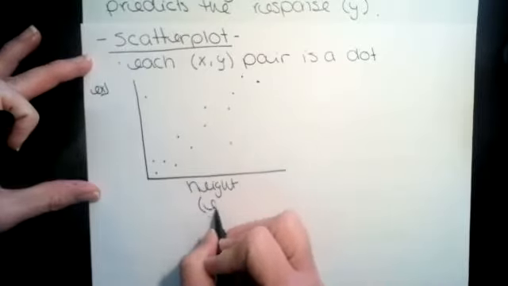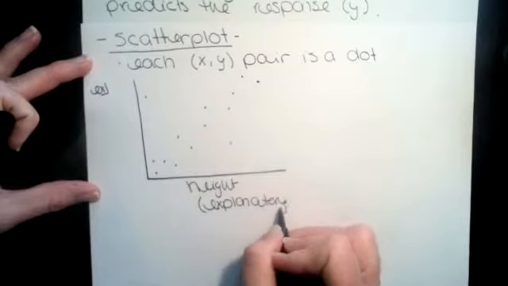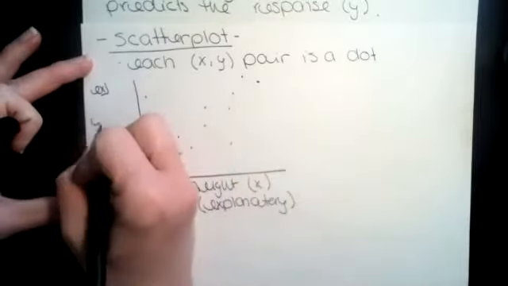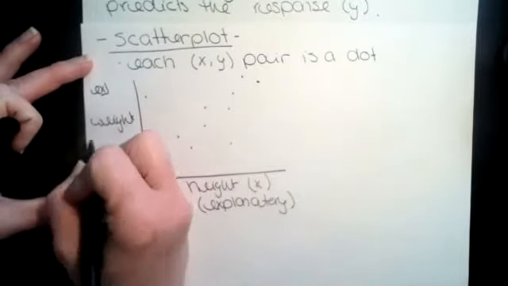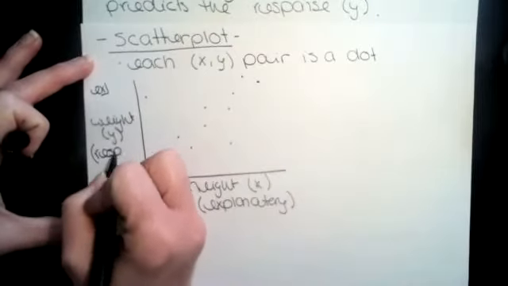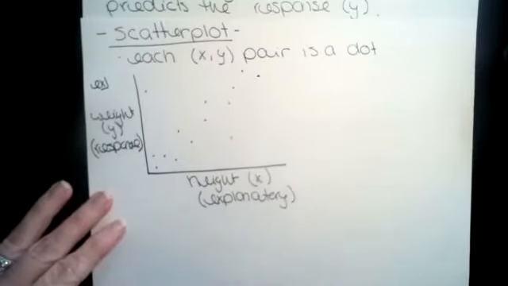That's my explanatory variable. And then over here, I have weight, which is the Y, which is my response, or we call it predictor. It's what's predicted. Okay, variable here.